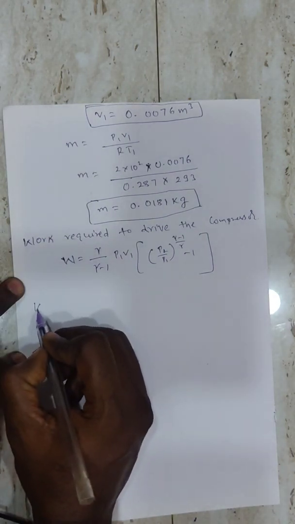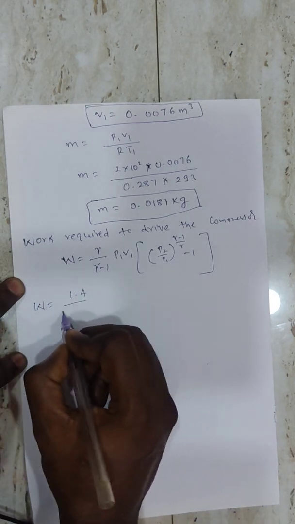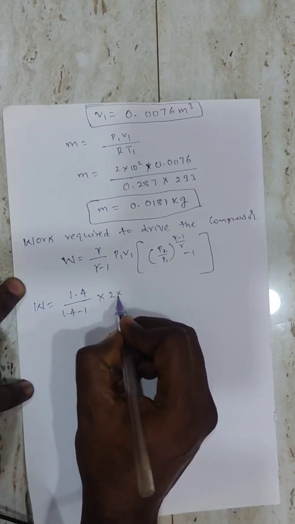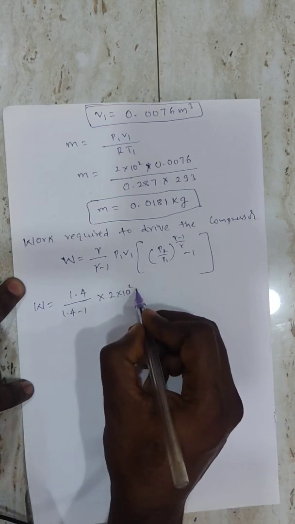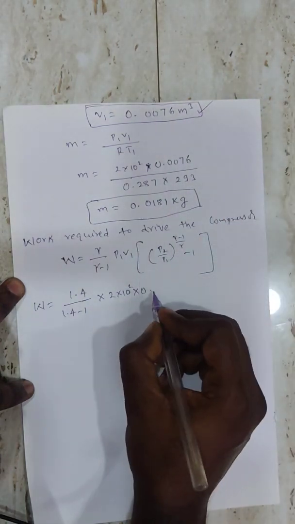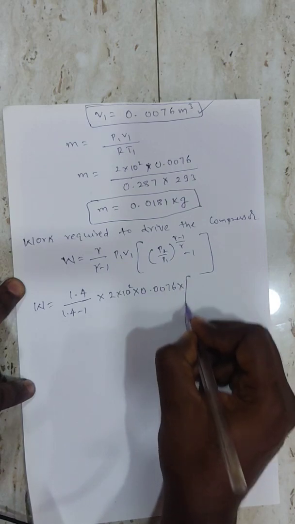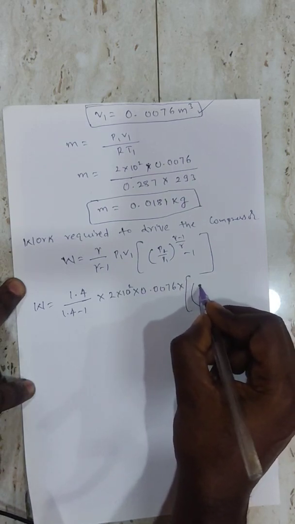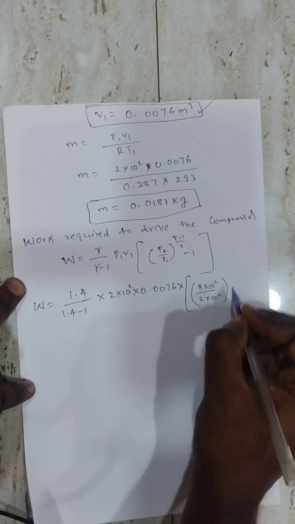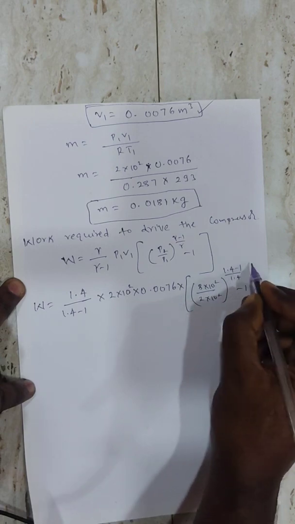Let's substitute the given values. W is equal to 1.4 by (1.4 minus 1) into 2 into 10 square into the volume 0.0076 into, bracket open, 8 into 10 square by 2 into 10 square, whole to the power of (1.4 minus 1) by 1.4, whole minus 1.